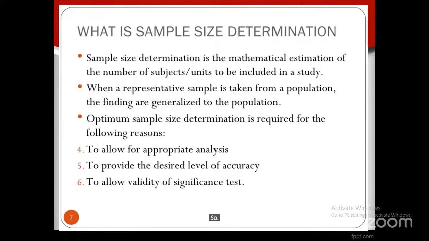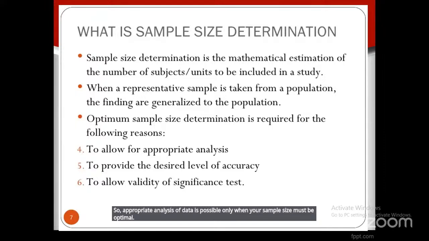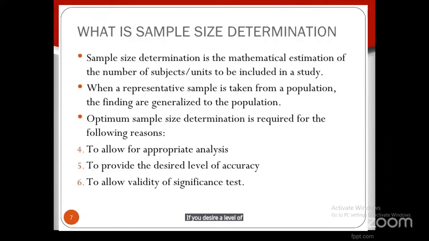So, appropriate analysis of data is possible only when your sample size is optimum. If you desire a level of accuracy in your research output, definitely the sample size must be optimum.